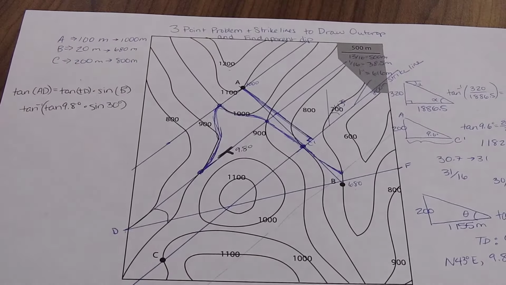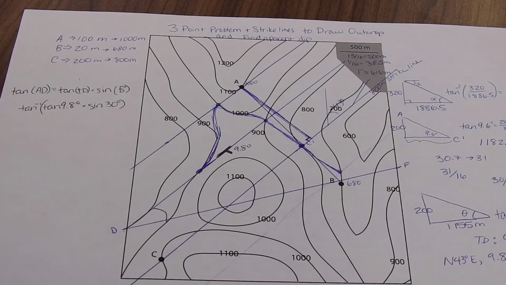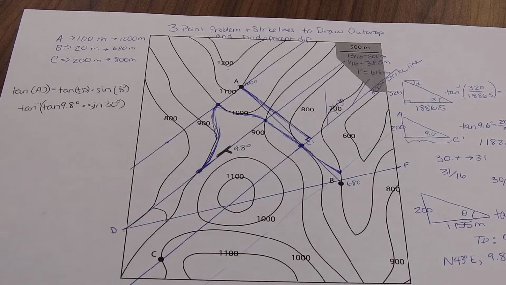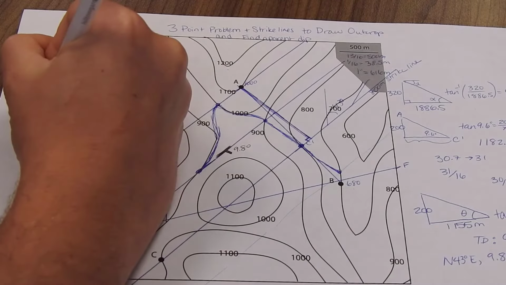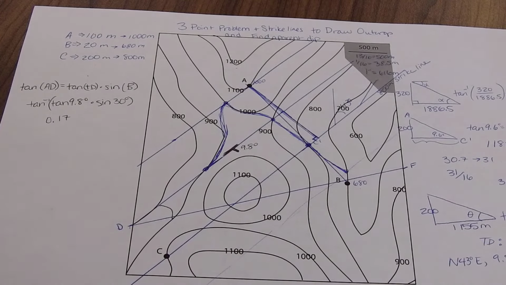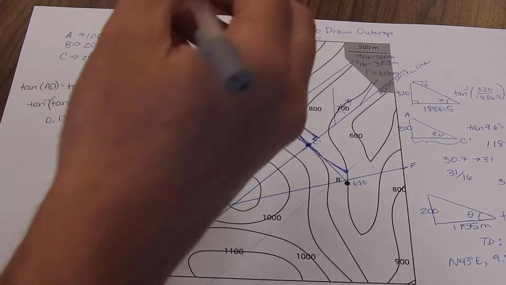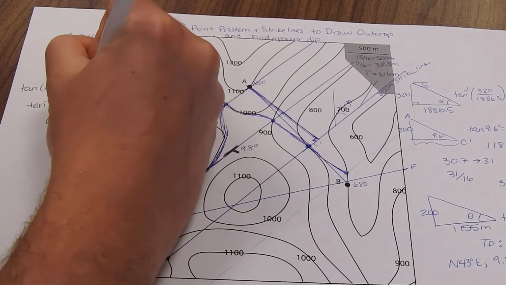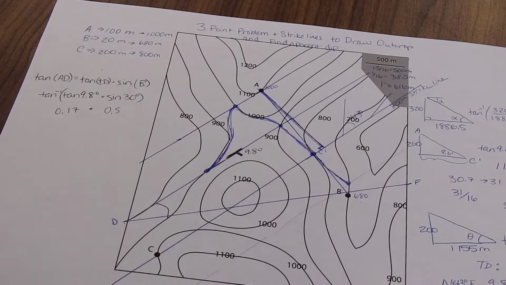So we're going to solve this really quick. Tangent of 9.8 degrees is 0.17, and sine of 30 degrees is 0.5. We're going to multiply those together.